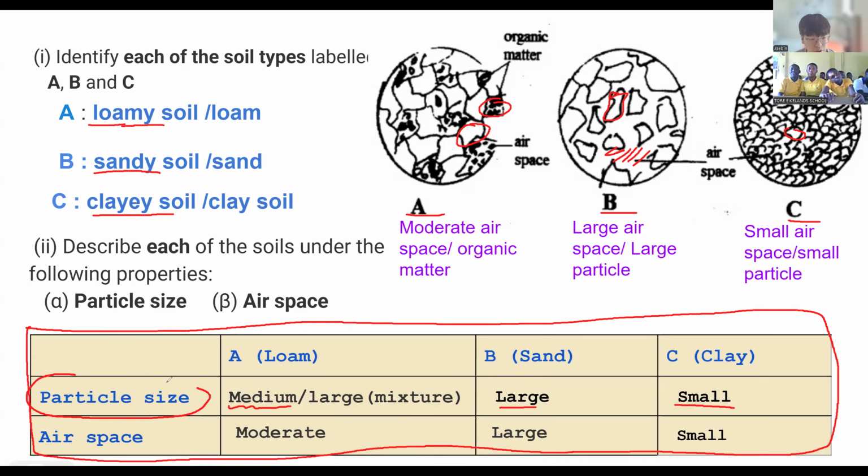For the air spaces, it follows the same. Loamy soil has moderate airspace, sand has large airspace, and clay has small airspaces.